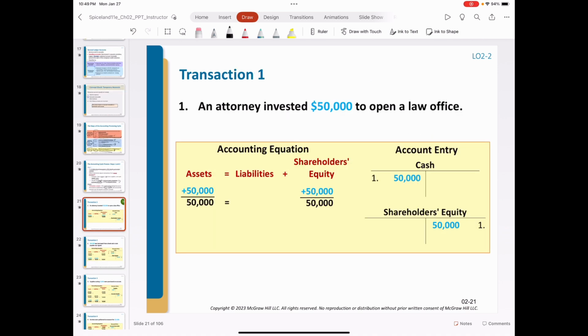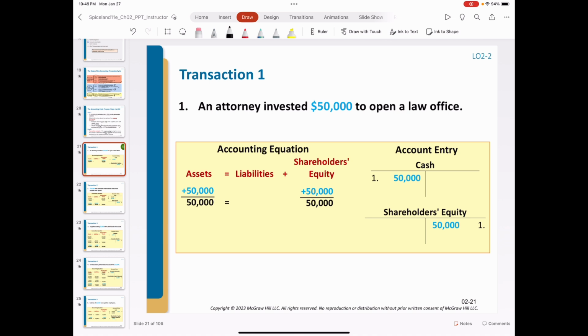Now let's start making journal entries. Let's start our transaction analysis. First, an attorney invests $50,000 to open a law office. What's the dual effect? First, from the perspective of the law office, its business receives money from an owner.